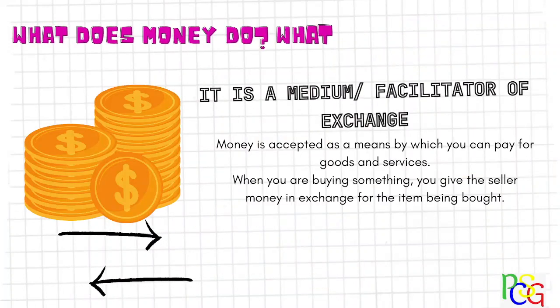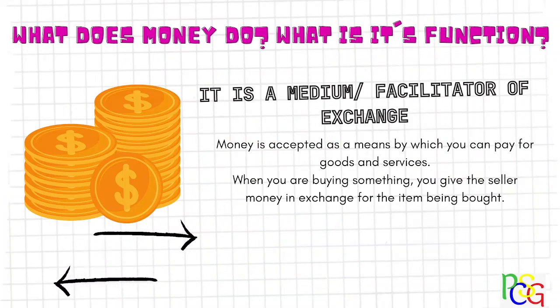Okay, so the last thing that we will be talking about is the functions of money. And the first thing is that it is a medium or facilitator of exchange.